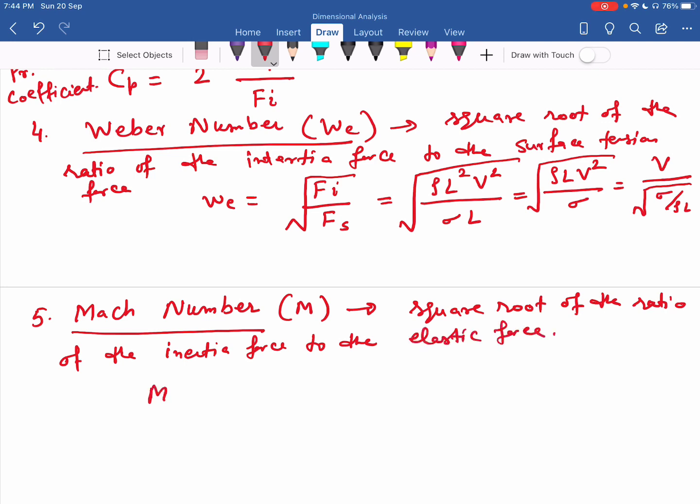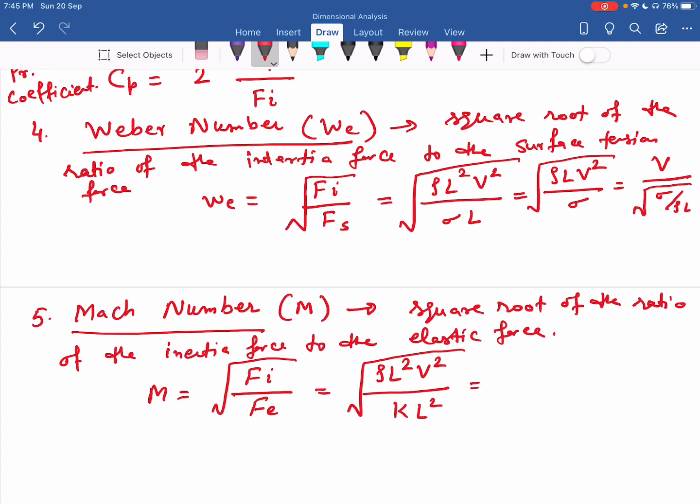So I can write Mach number equal to Fi upon Fe under root. So this is rho L square V square divided by K L square under root. So this comes out to be rho V square divided by K under root, or V upon K by rho under root. This is the Mach number.